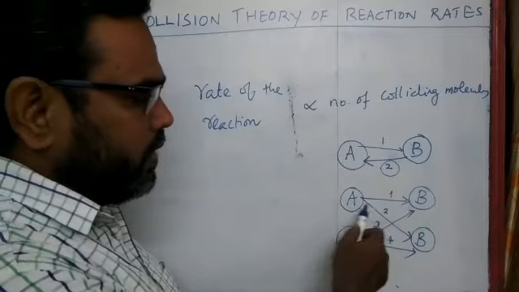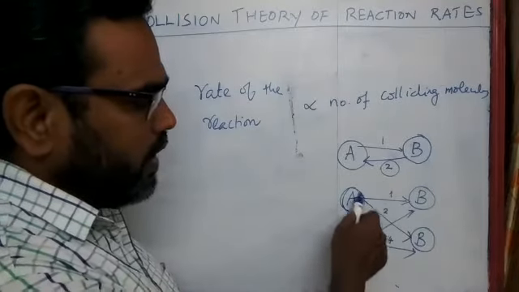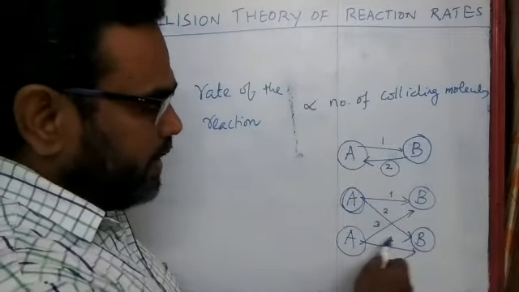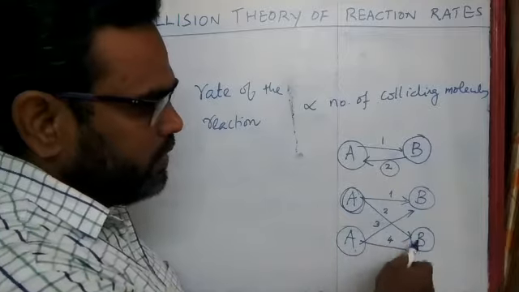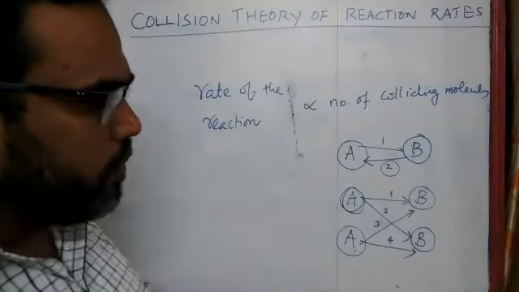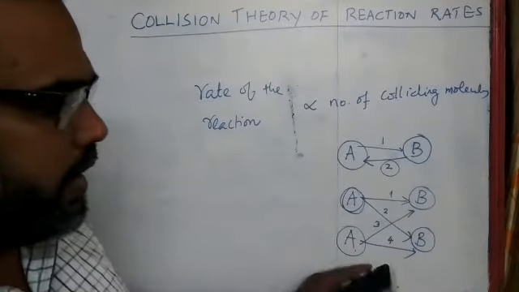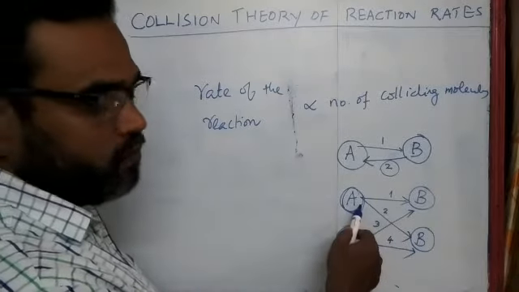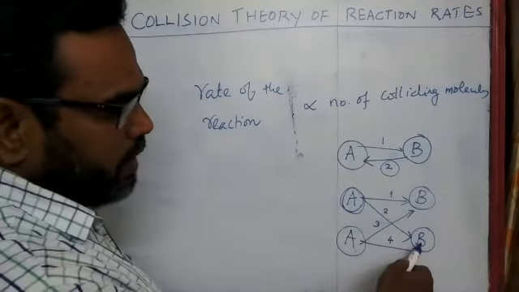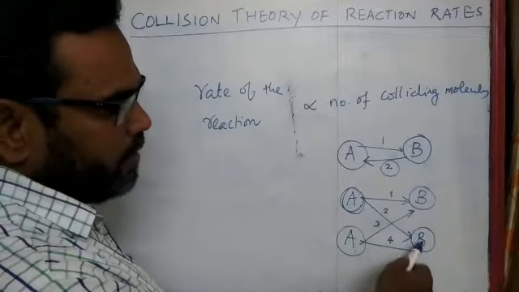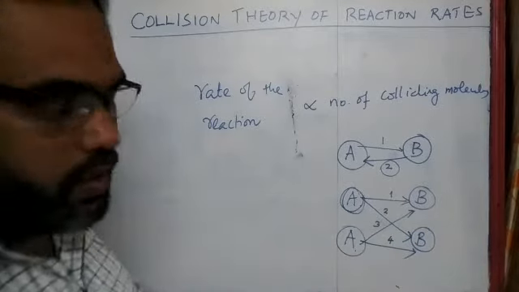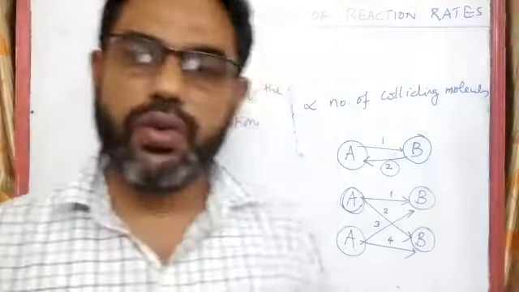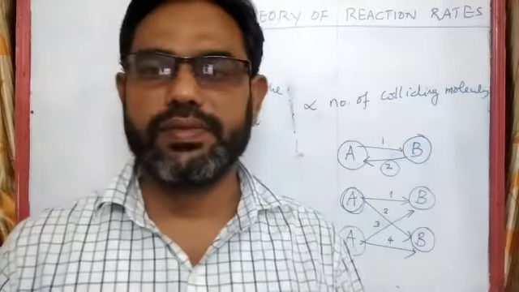One molecule of A can collide with 2 molecules of B. Again this A molecule can collide with B. So there are 4 possible collisions between A and B. Similarly, B can collide with A, and another B can collide with another B molecule. So there are 4 plus 4, 8 possible collisions.